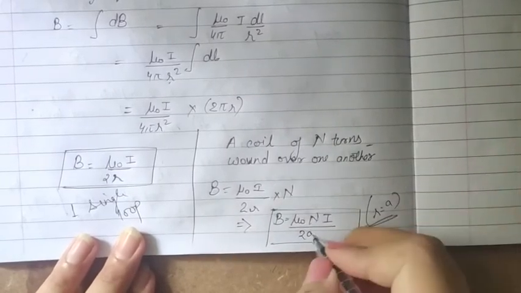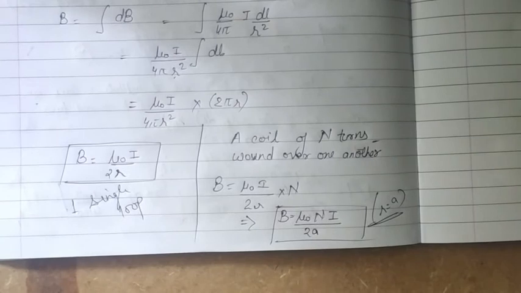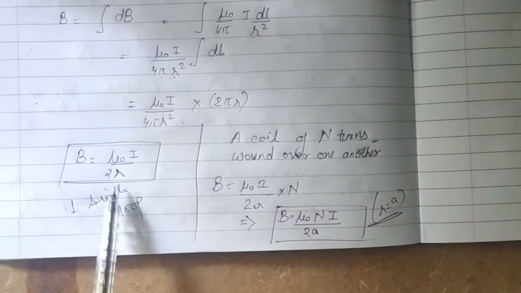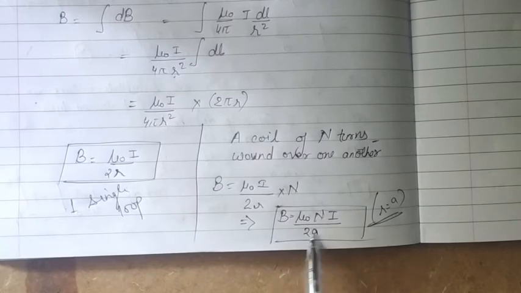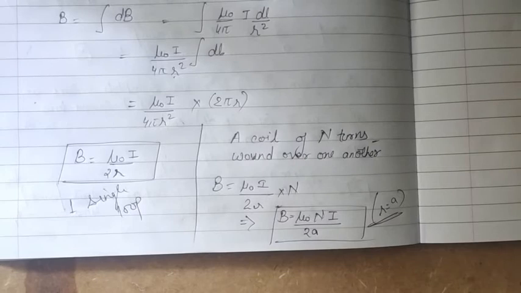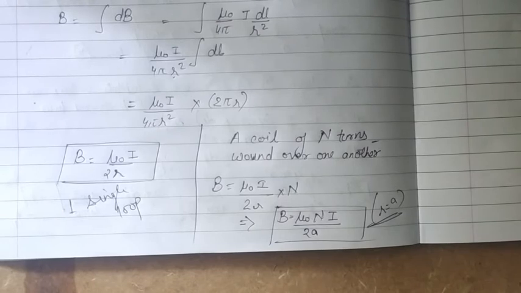All right, so this was for single loop and this was for n turns wound over one another in a coil, and the direction will remain same. The direction of magnetic field will be normally into the paper. All right, so this is what we studied.